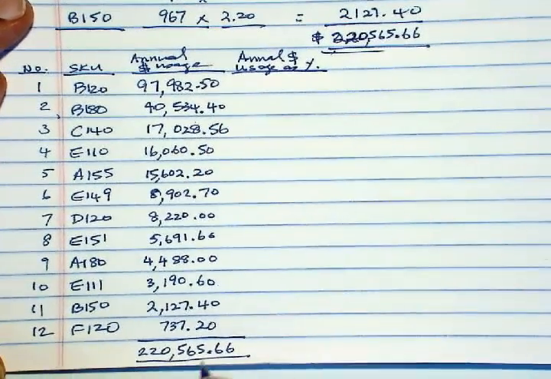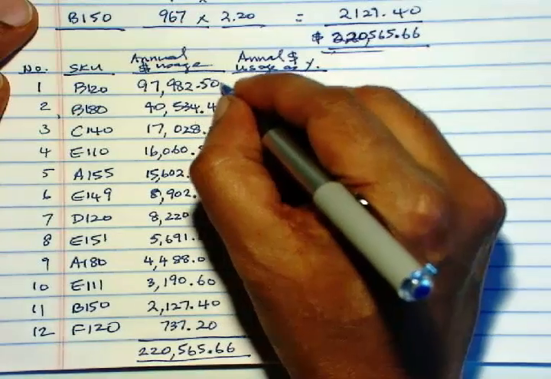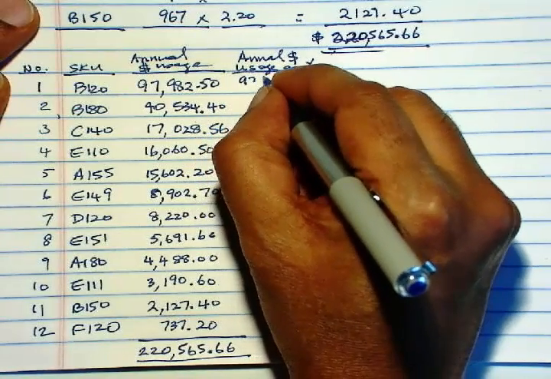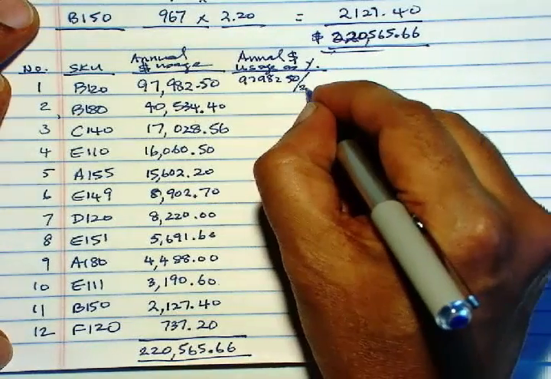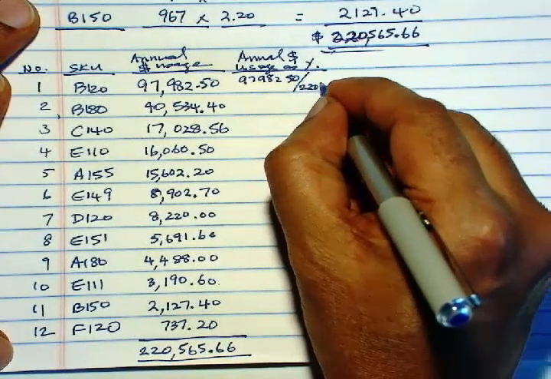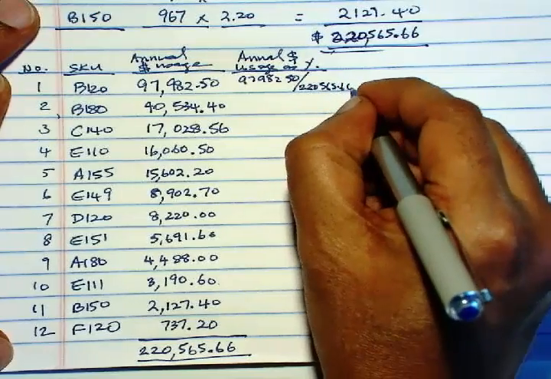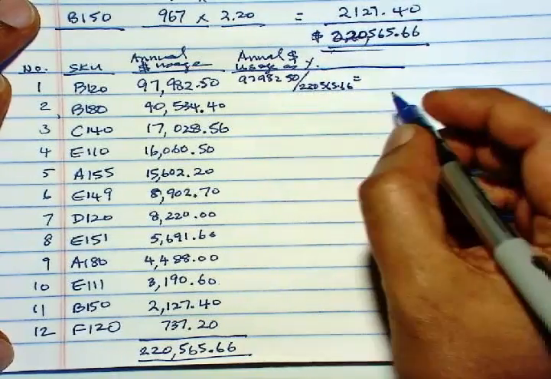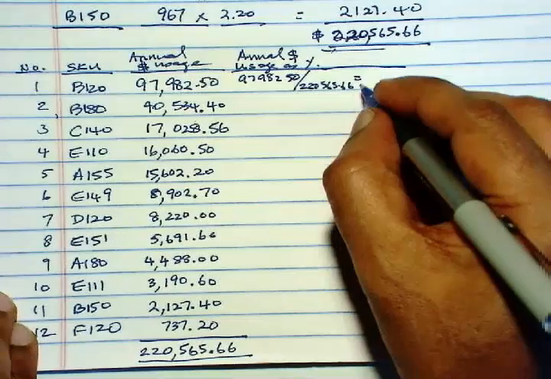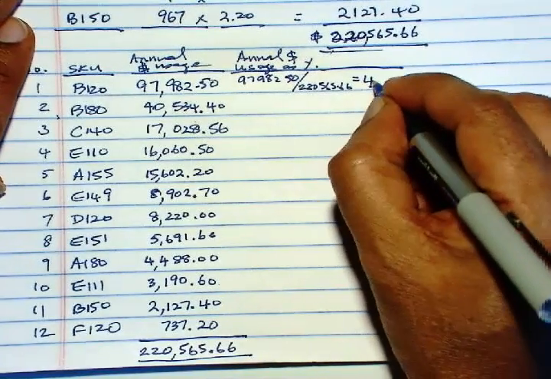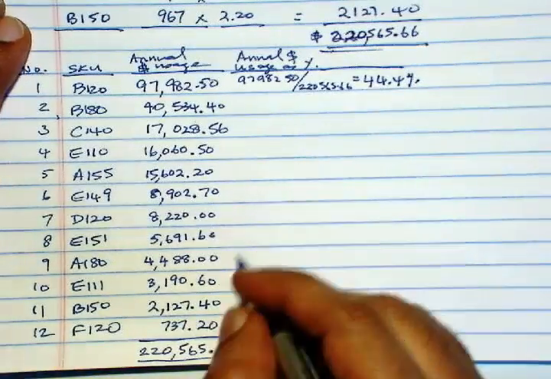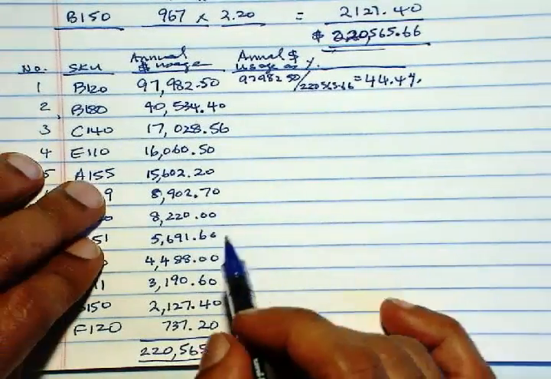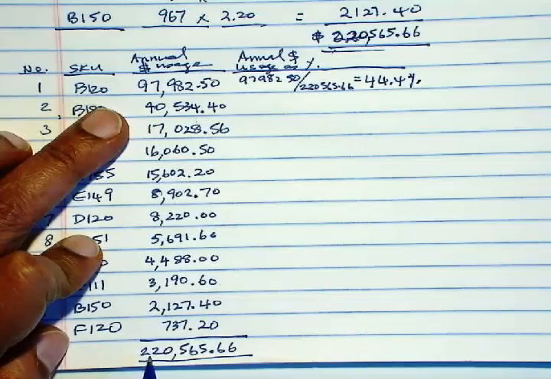So you take this value 97,982.50 and divide by this 220,565.66, and then you have to express that as a percentage. So that happens to be 44.4%. Okay, so you repeat that. So divide that total into this.